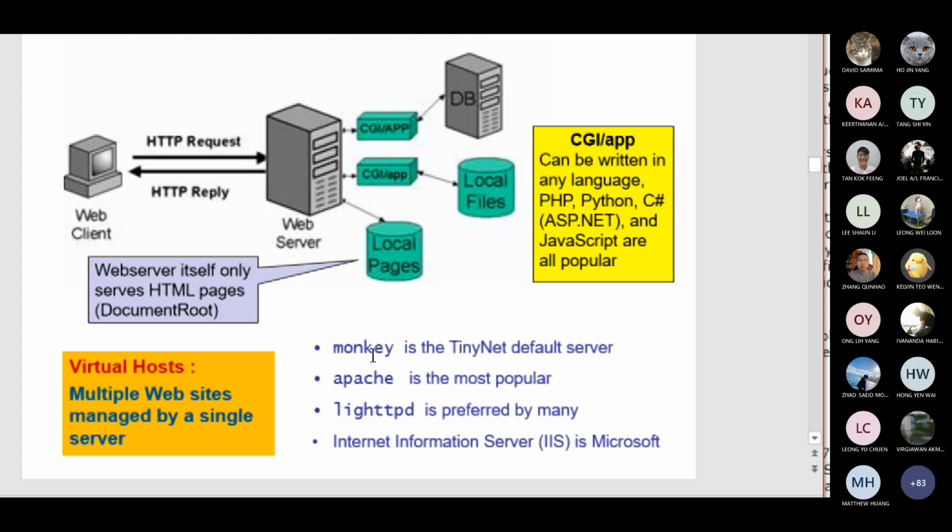Again, there are lots of different web servers as well. All right. Apache is probably the most popular still. It has been for a long, long time. But Microsoft's IIS is catching up. Lighttpd, or Lighty, people call it. Right?